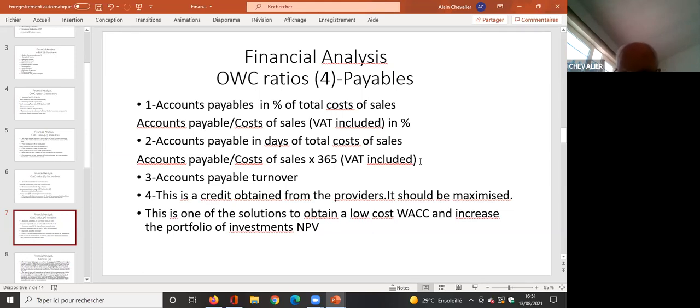So it is the same kind of calculation. 20 divided by 100 is 20%, 20% multiplied by 365 is about 73 days. The accounts payable represent 73 days, in that example, of cost of sales, VAT included.